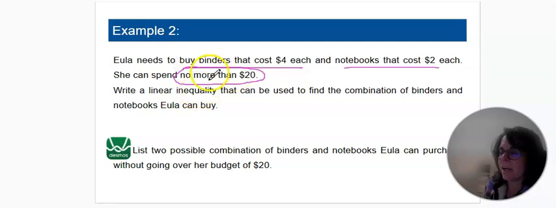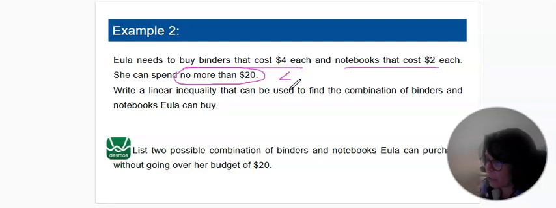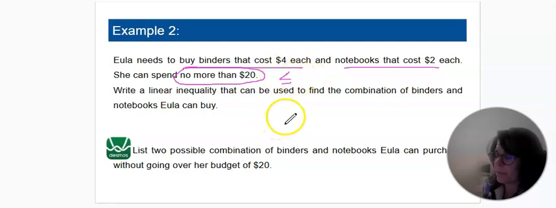All right, here is our inequality phrase: no more than $20. That means I can't go over, so it has to be less than 20. Can it be 20? Yes. No more than 20, but 20 will work. So we're going to use less than or equal to here.